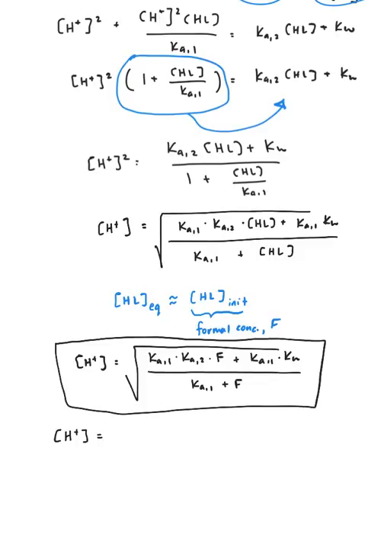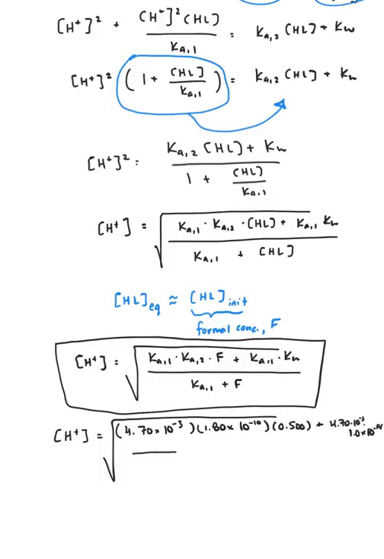We'll end up with the concentration of H plus is equal to the square root of Ka1, that's 4.7 times 10 to the minus 3, times Ka2, that's 1.8 times 10 to the minus 10, times the formal concentration of leucine, 0.5 molar, plus Ka1, again, 4.7 times 10 to the minus 3, times Kw, that's 1 times 10 to the minus 14 at 25 degrees Celsius, all divided by Ka1 plus the formal concentration.